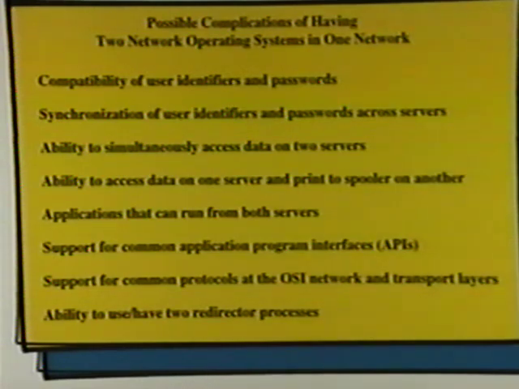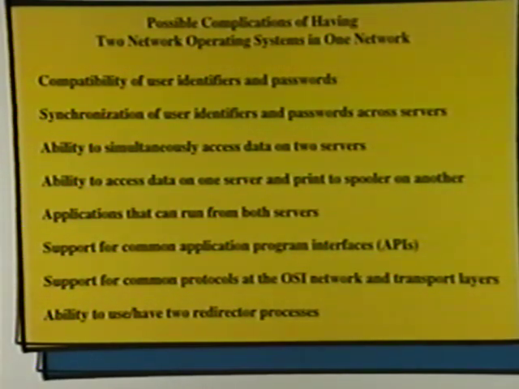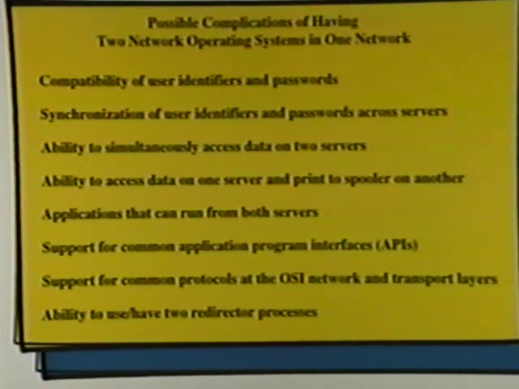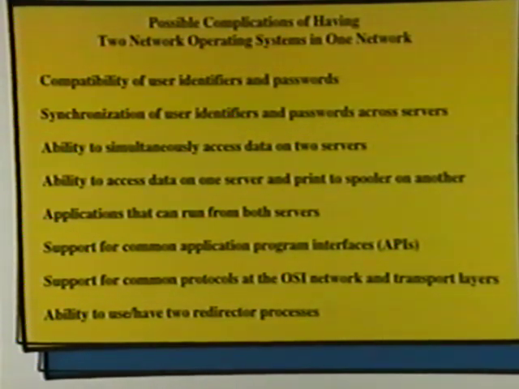Now, a lot of times workstations will make essentially simultaneous requests to file servers, and having two different network operating systems reduces our ability to simultaneously access data on servers. Even though that's a key requirement and should definitely be allowed, this is a possible problem of having more than one operating system on the network.